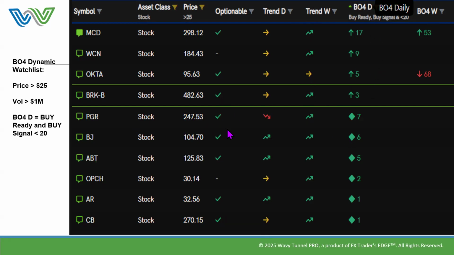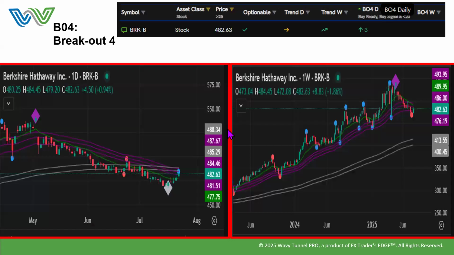So let's just see if we have a few examples here. Berkshire Hathaway. Okay, this is a really nice setup. On the right, we have the weekly.